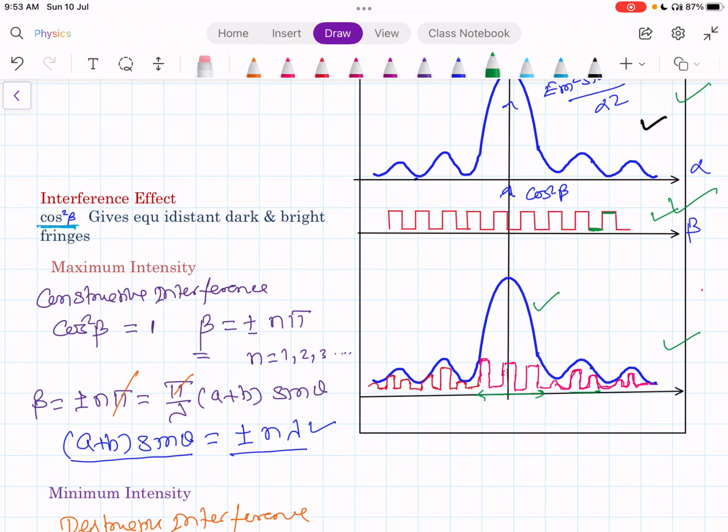Similarly, in the secondary maxima also, we can see alternate dark and bright fringes.